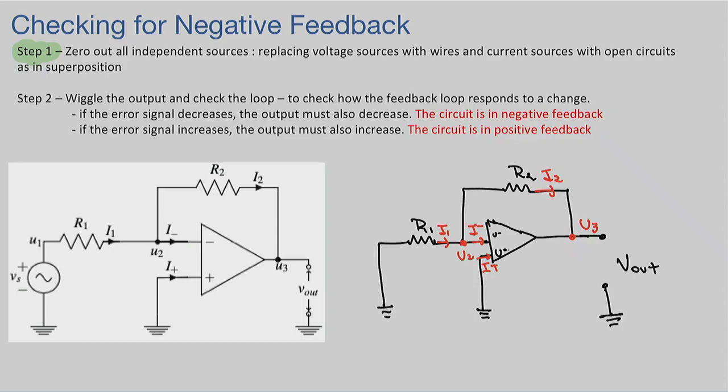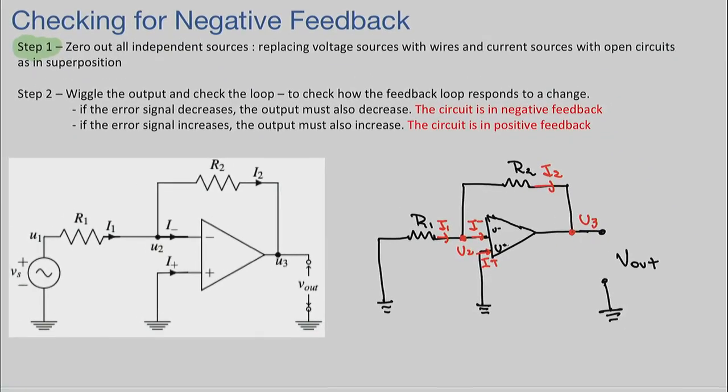So, the second step to check if you have negative feedback is you would wiggle a little bit the output. Why do you wiggle the output? Because you want to see that if the output increases, what happens to the incoming signal.